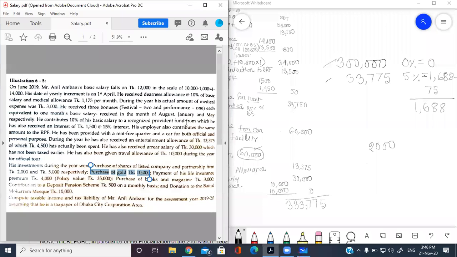Okay, but how much amount has he paid for life insurance premium? The amount is 4,000. So you need to cross-check an additional piece of information.